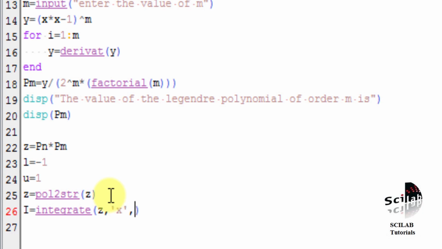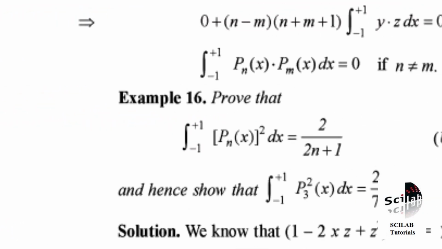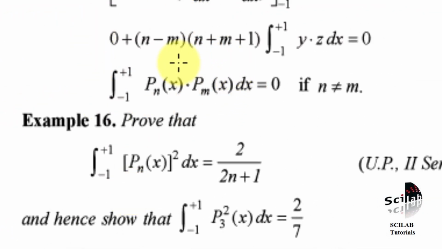Now we will write the lower limit L and the upper limit U. So the value of the integration, or the value of the LHS, is stored in the variable I in our program, and as per the code, if we choose n not equal to m, we should get 0, and if we choose n equal to m, the value of the RHS should be equal to 2 by 2n plus 1. We will check both these one by one.